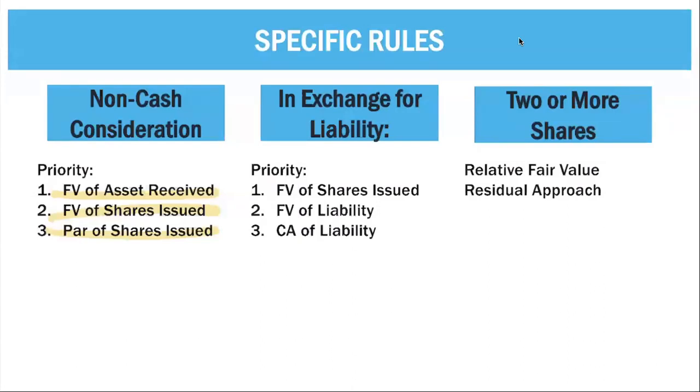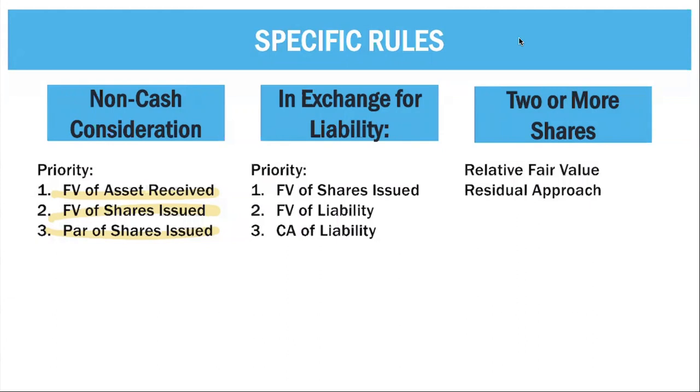Next, in exchange for liability. If you still remember, we just finished this one together with your asset swap. We call this one your equity swap. Okay? In your equity swap, how do we account for it again? First, fair value of shares issued if present. If not, fair value of liability.